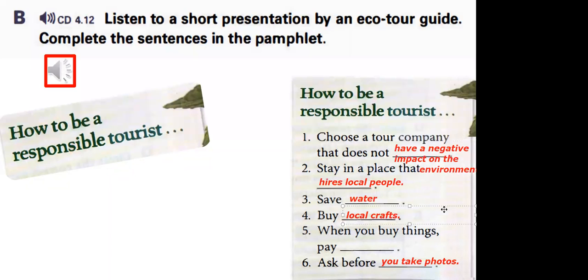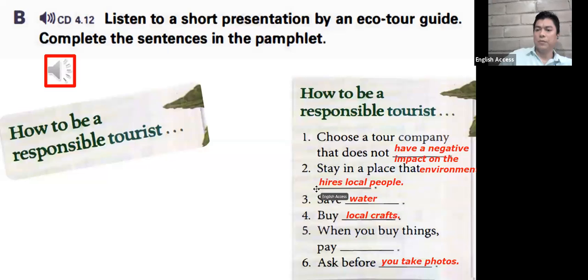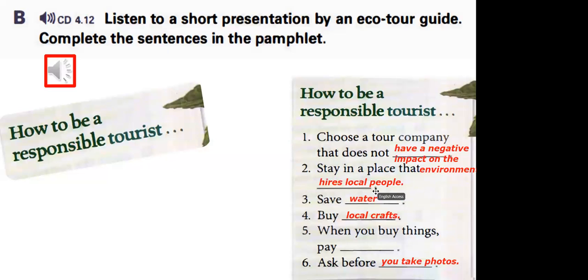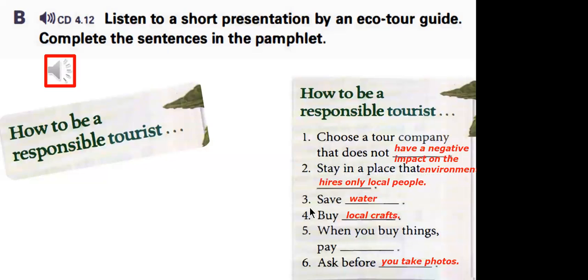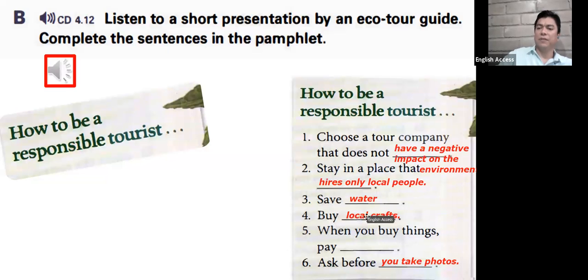What about number 2? A place that hires only local people. Oh, very good. That's nice. Number 3, save water.